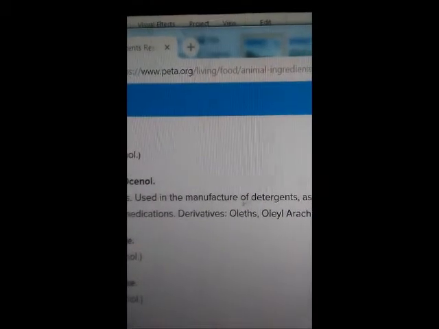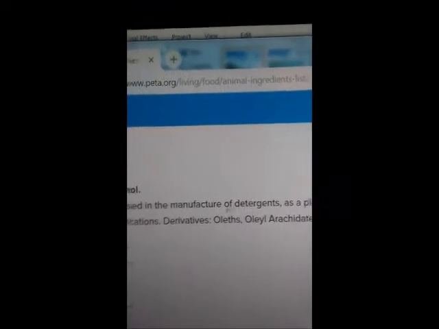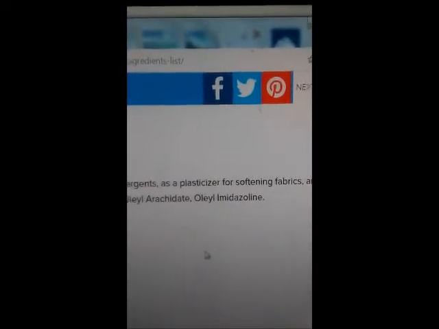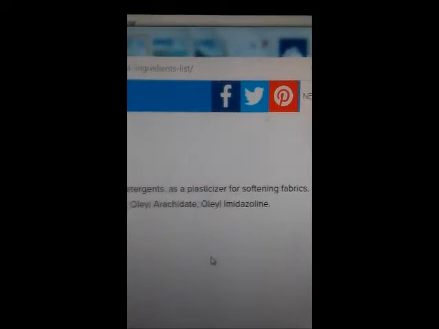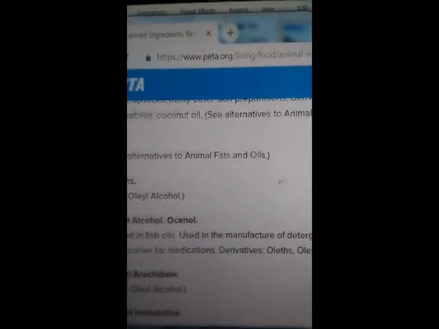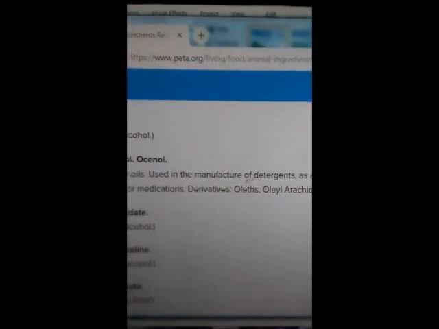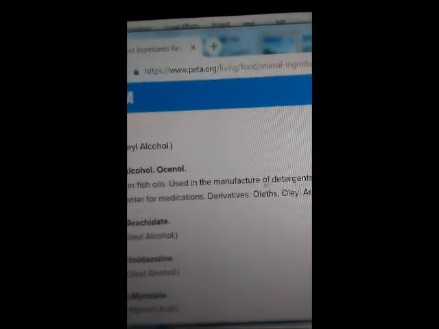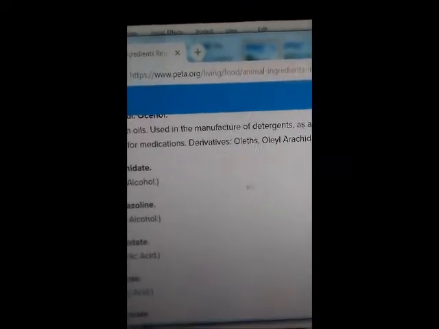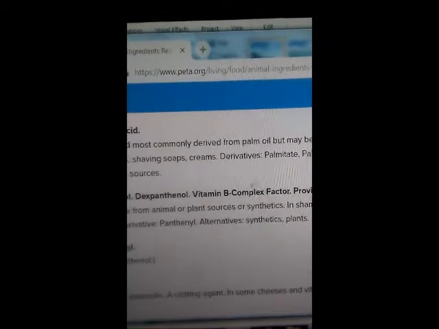Derivatives: oleyl, oleic acid, oleyl imidazoline. And not just fish, but also other unclean animals that they use to make things with, the plastic bags and all. So we got a list of these things.